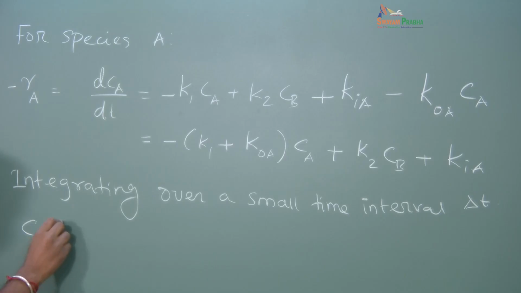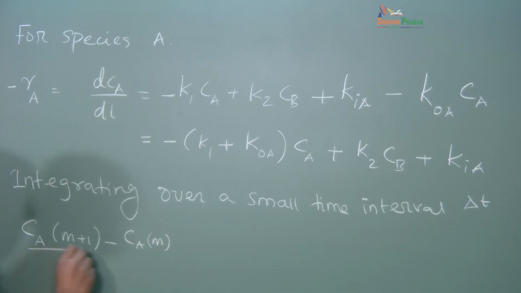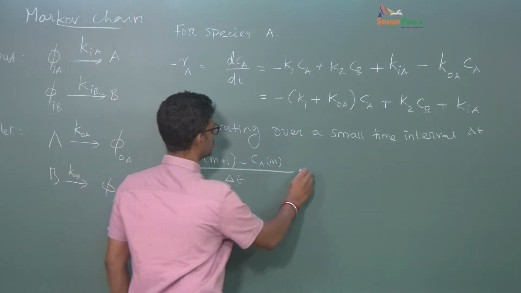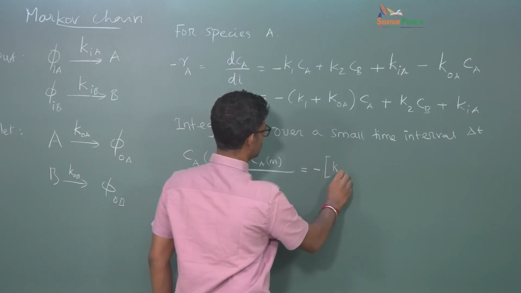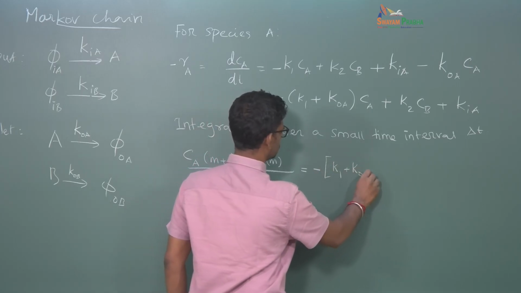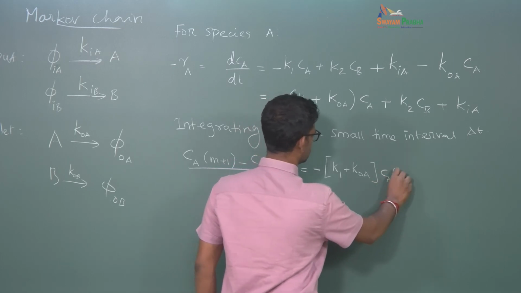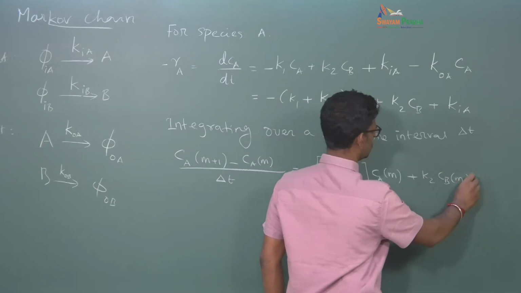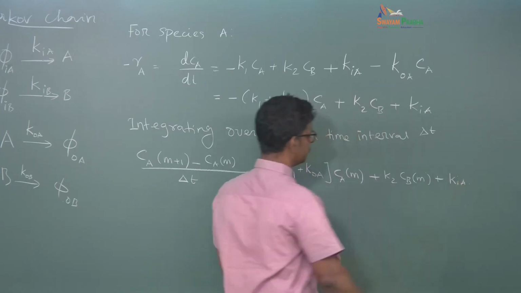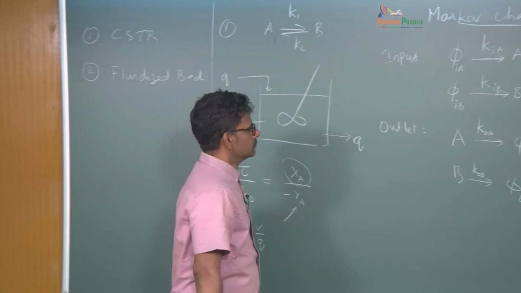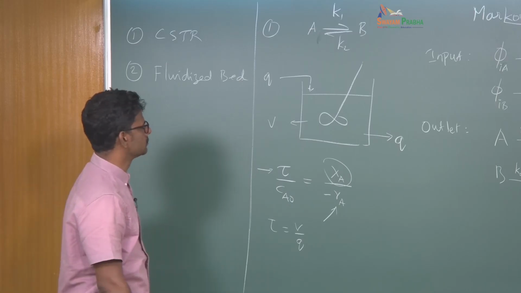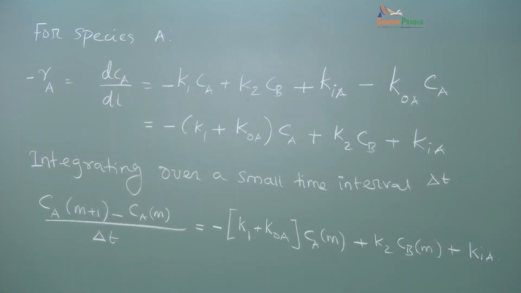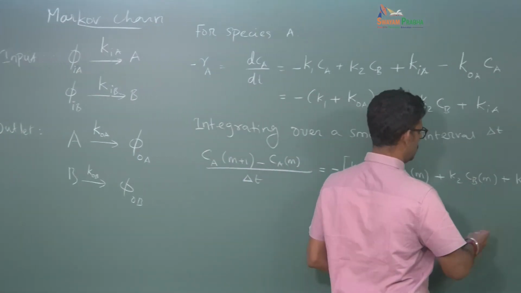So we have (CA at m plus 1 minus CA at m) by delta t. Now we can rearrange this.